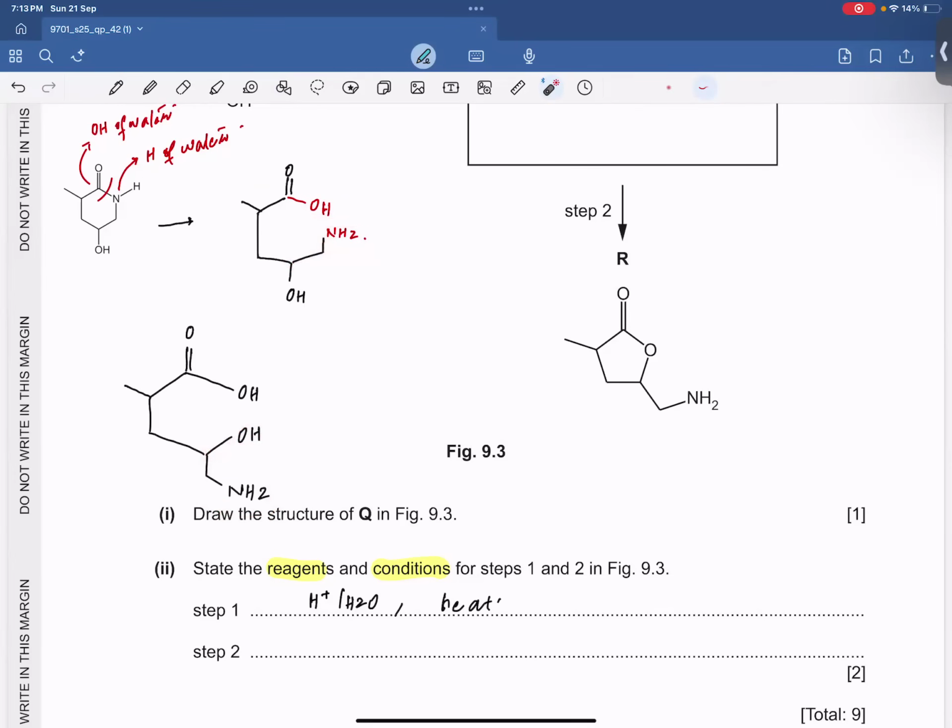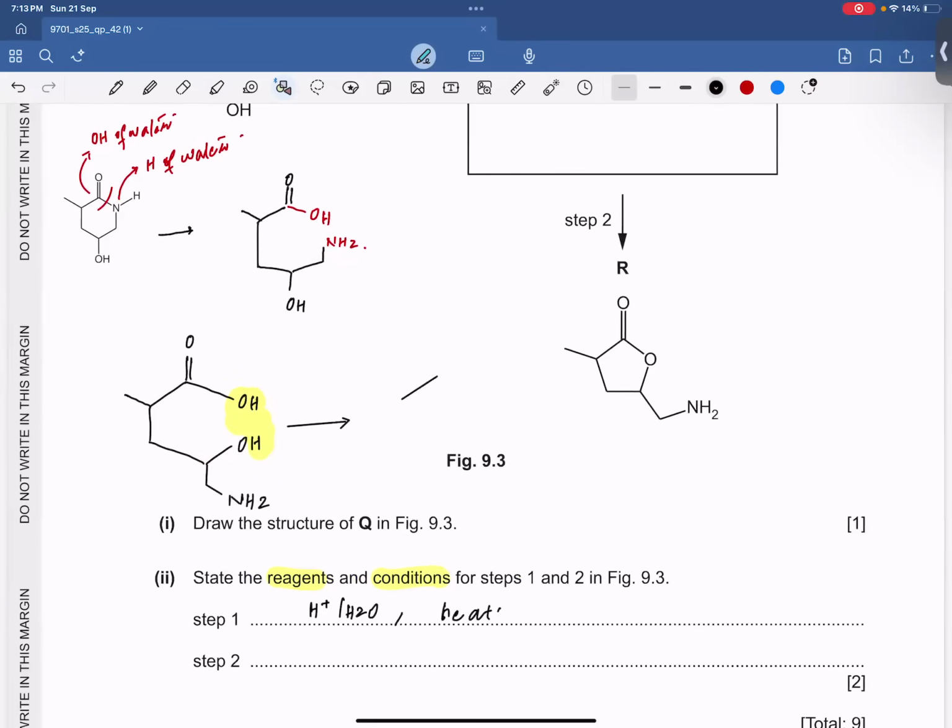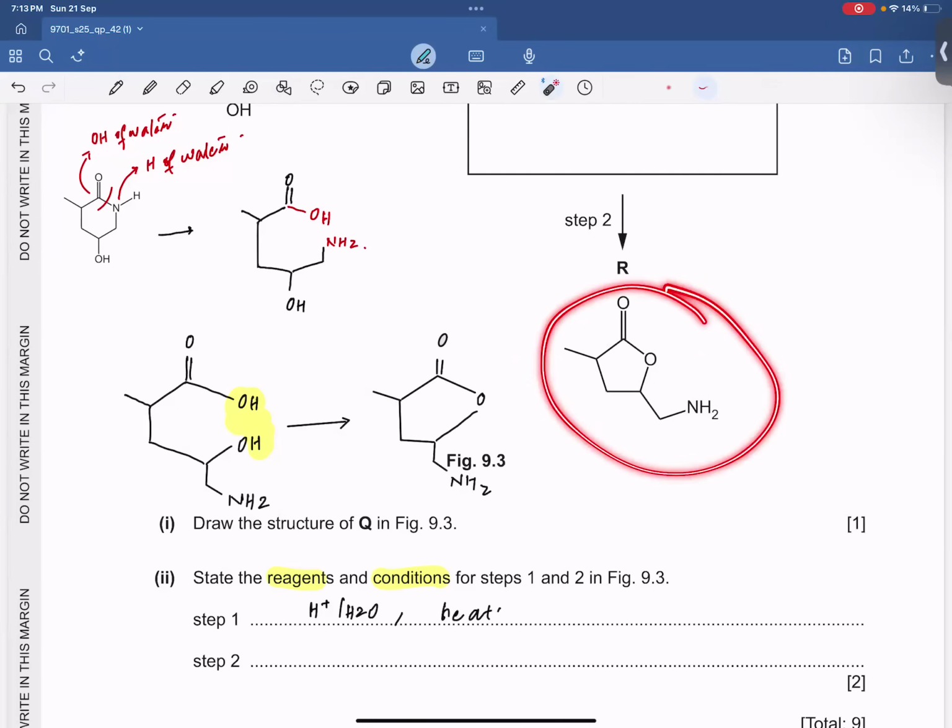Now what's going on actually? Dehydration takes place, removal of water takes place. When you remove water, you get this, with this oxygen and this oxygen, and that's what the examiner has done here.